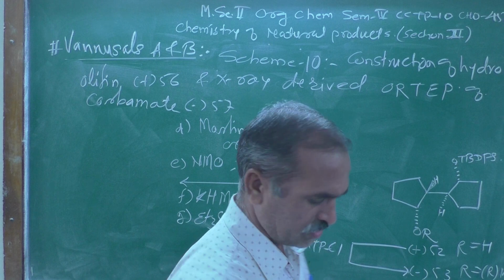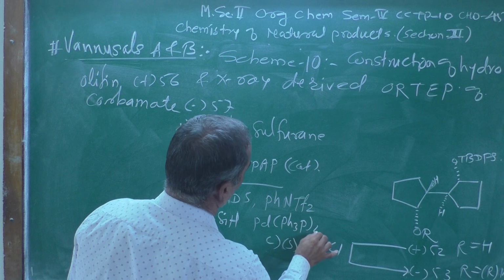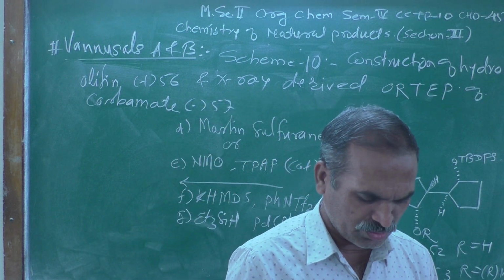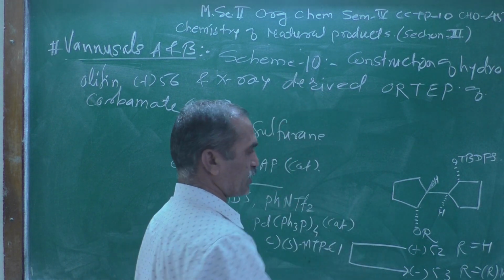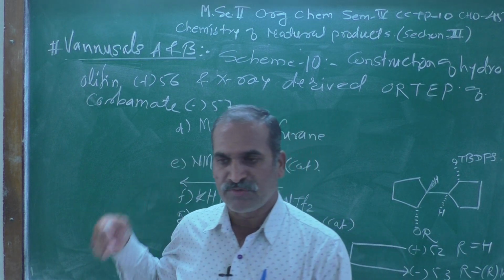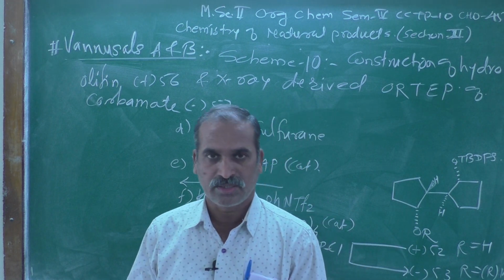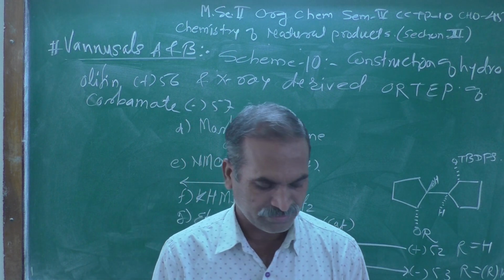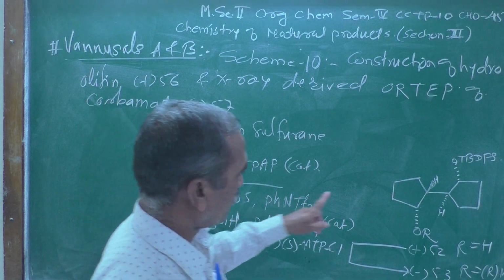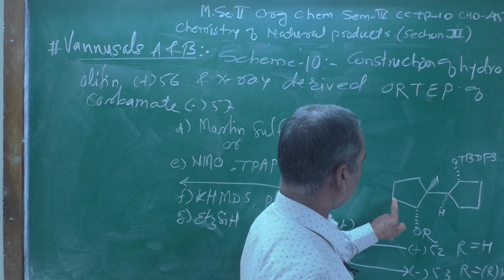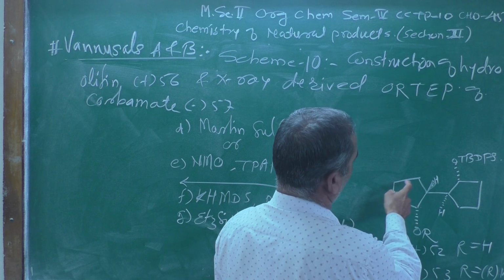Then the reagent palladium PPh3 4 times, which is also catalytic in amount. After the addition of these different reagents D, E, F and G, step by step, what they got here is the number 3, 4, 5 or 4, 5, 6.